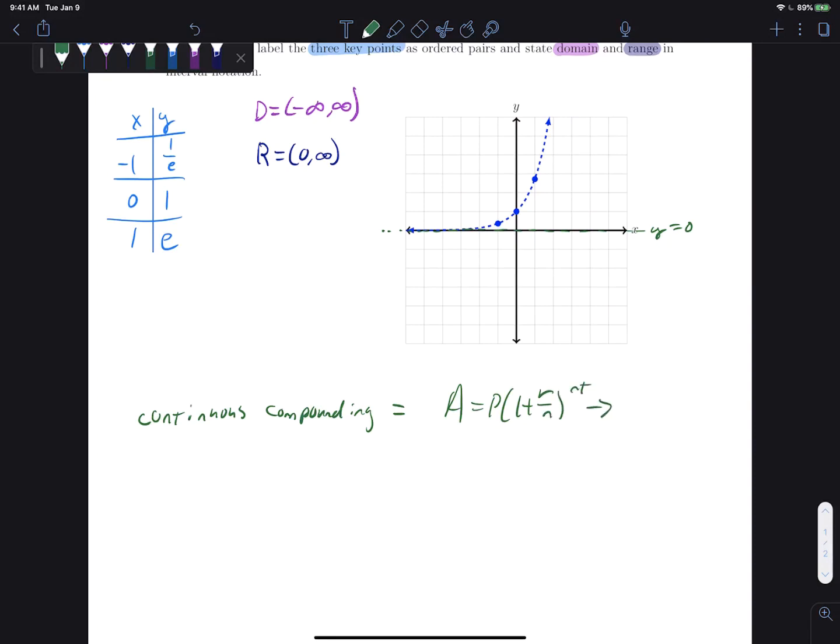This changes to the new formula of A equals P e to the rt. So we don't actually use that formula anymore if it is continuous compounding. So it's actually very important that we understand anytime you see that word continuous, we actually mean this formula.